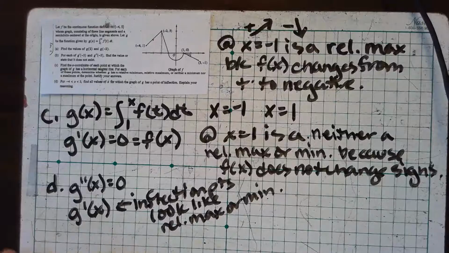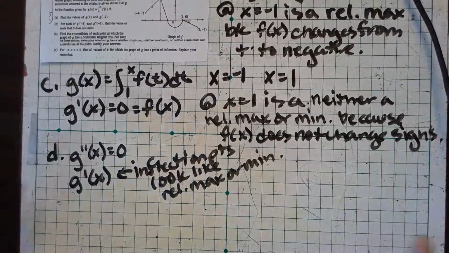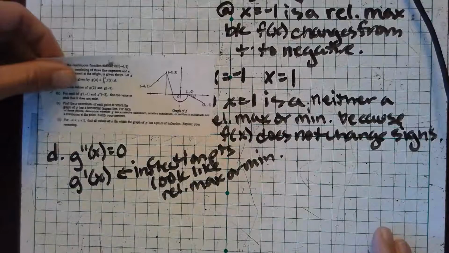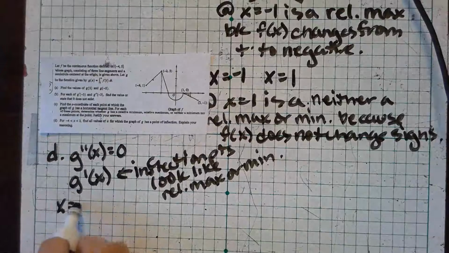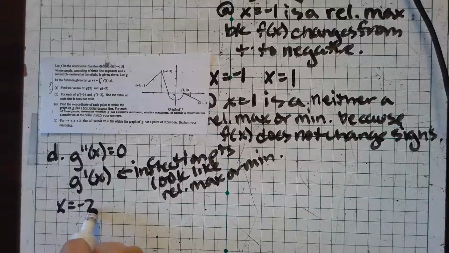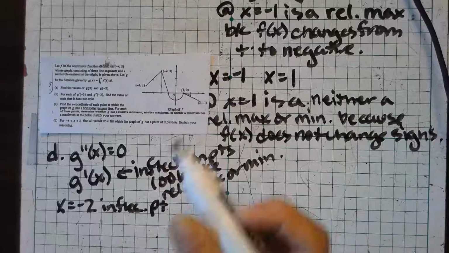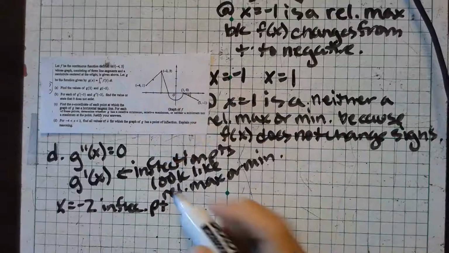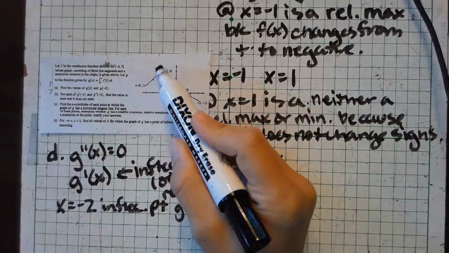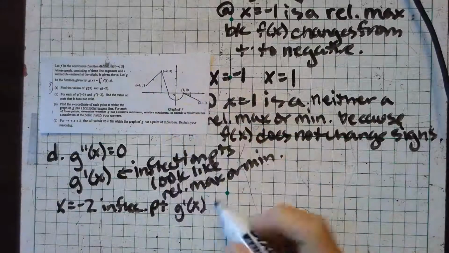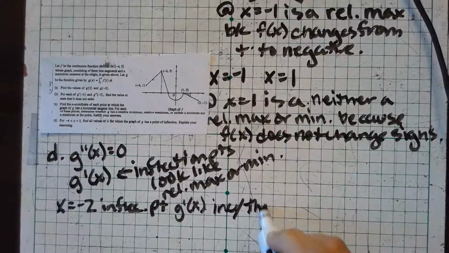So where does it look like it has a relative max or min on our graph? Well, right here at x equals negative 2 is an inflection point. And notice G prime of x, which is our f of x, increases and then decreases.